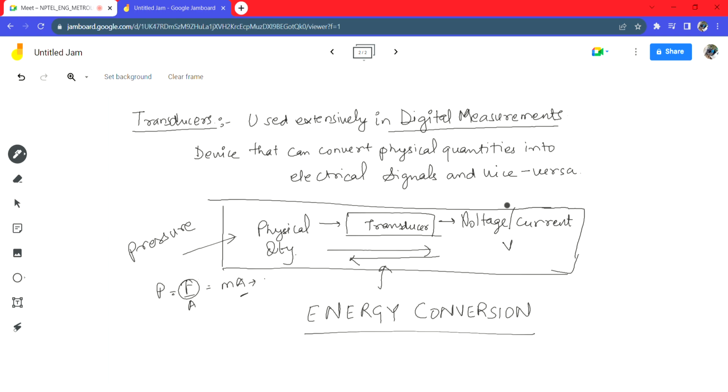So we are typically going from a moving particle, and the energy of movement is converted into a voltage signal.